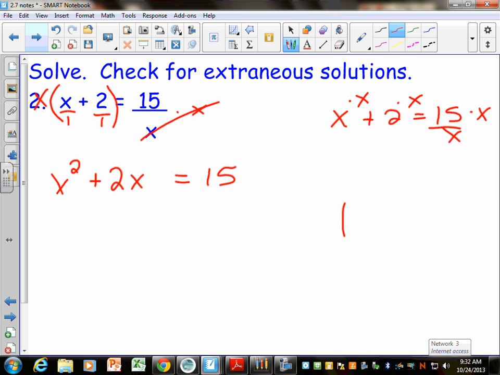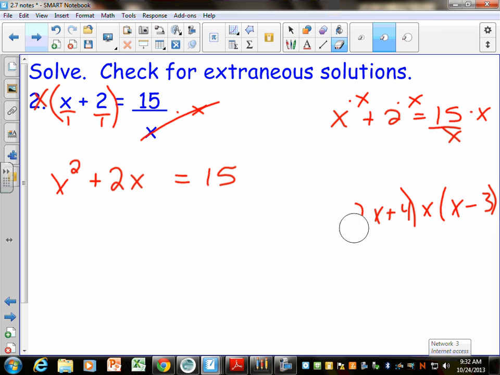Like if you have 2x plus 4, you say times x minus 3. It's easier to do 5x. When do you write 5 times 4 on your paper? Okay, well, what if I'm doing 12 times 8 here?